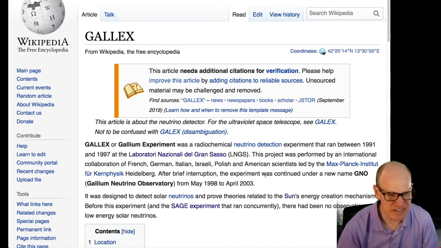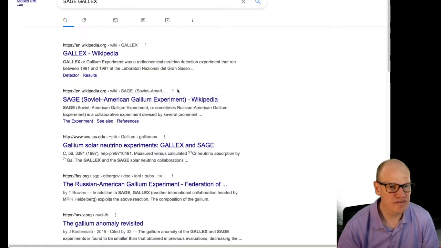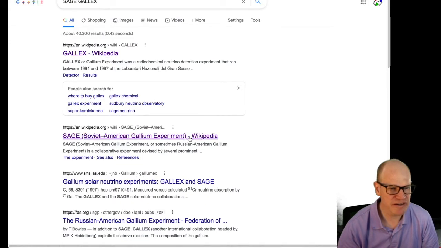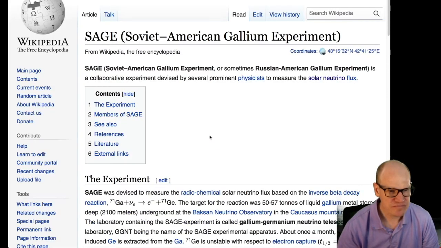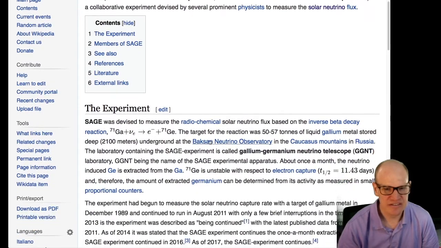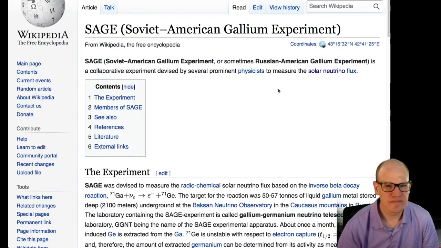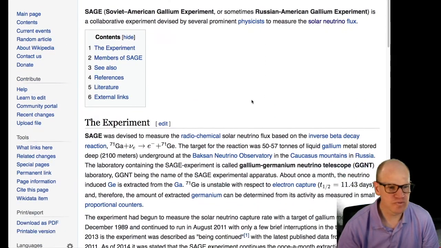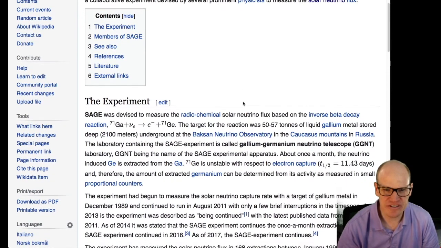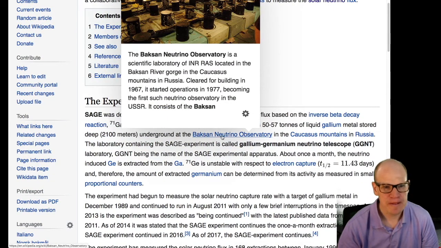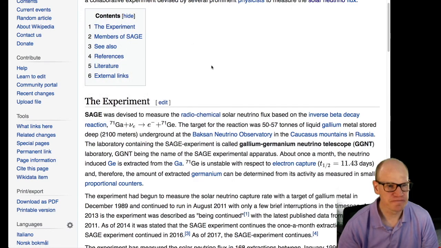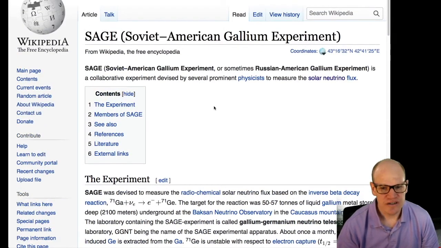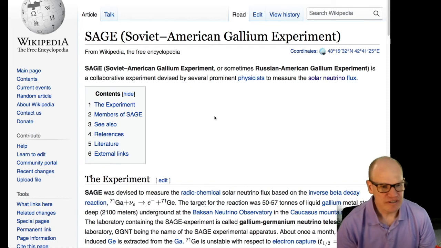I think it was done in the Caucasus, but I may be wrong about that. We'll take a look real quick. Anyway, SAGE and GALLEX. SAGE was at the Baksan Neutrino Observatory in the Caucasus Mountains in Russia, at the time of the Soviet Union.